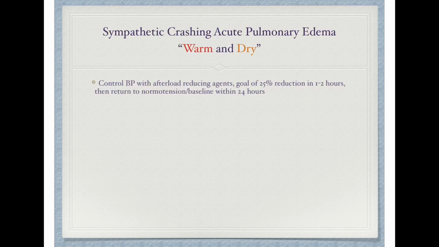In order to do this, we try to control their blood pressure with afterload reducing agents, using a strategy similar to what we use in hypertensive emergency, 25% reduction in the first couple of hours, and return to normal tension within 24 hours.